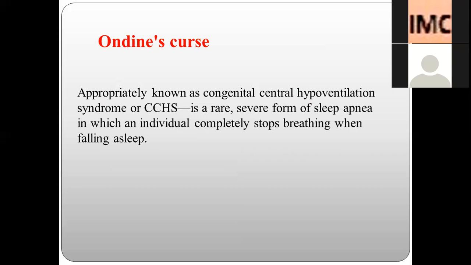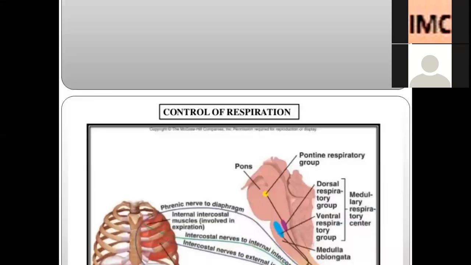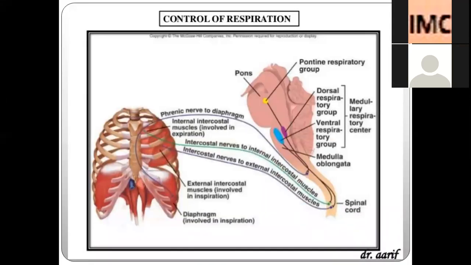Even during sleep we normally take respirations, but in this condition there is a complete stoppage of breathing. These persons are said to have a curse that they have to remember to take respiration. So this is Ondine's curse. This is a very good figure which I have taken from the internet.